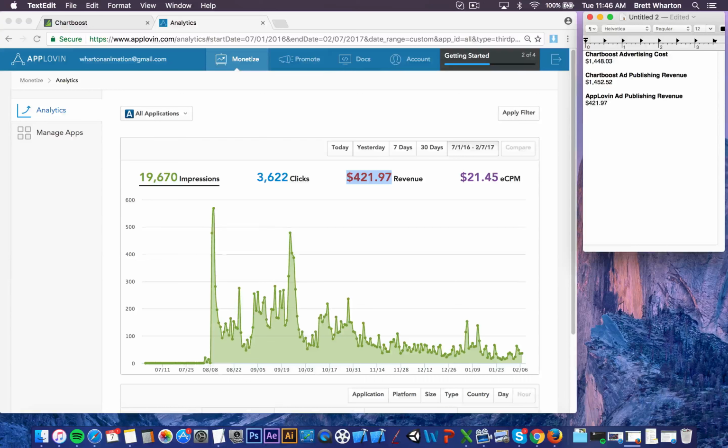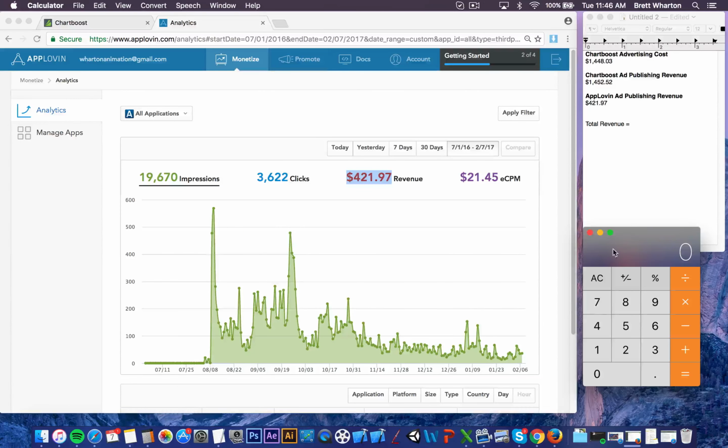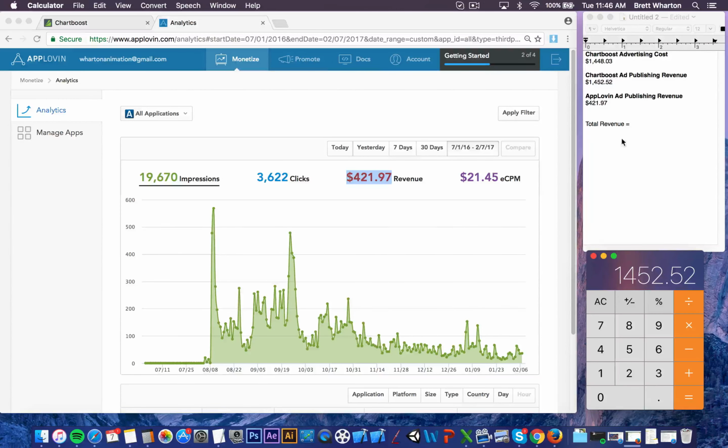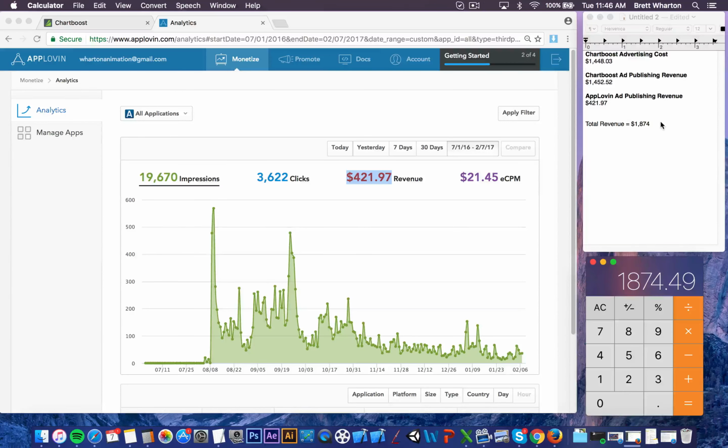So if we do total revenue, the total revenue would be that number plus this number. So $1,874.49. I'll just leave that off. So $1,874, that's the total revenue from these apps.